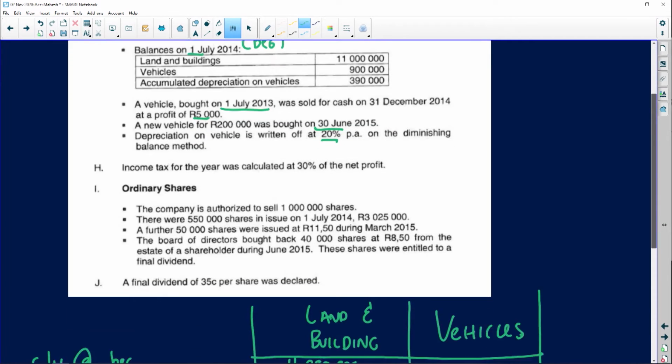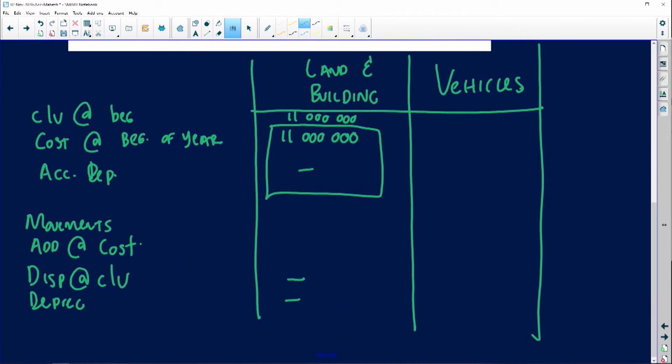At the end of the year, my land and buildings is sitting at 10,200,000. So we can clearly see that there hasn't been an addition, because if there was an addition, this value would have increased. But as you can see, the value decreased, which means that there was property that we disposed of. So remember, I said earlier on that there wasn't any, that was my mistake.